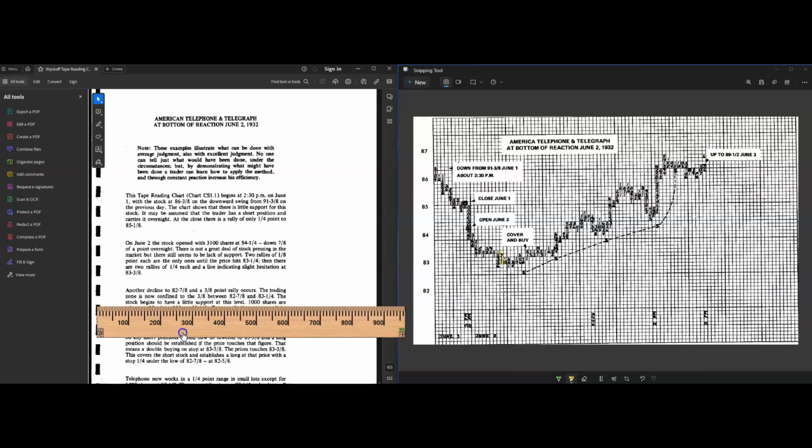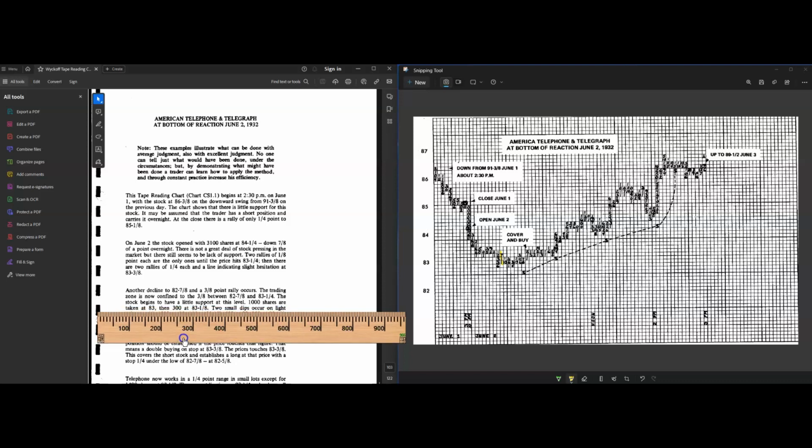The stock begins to have a little support at this level. 1,000 shares are taken at 83. Very, very important. Again, this is accumulation. Why? Because now you have a rally, a bullish indication because it's the biggest rally since, and then you have 1,000 shares here at the 83 level, another bullish indication.